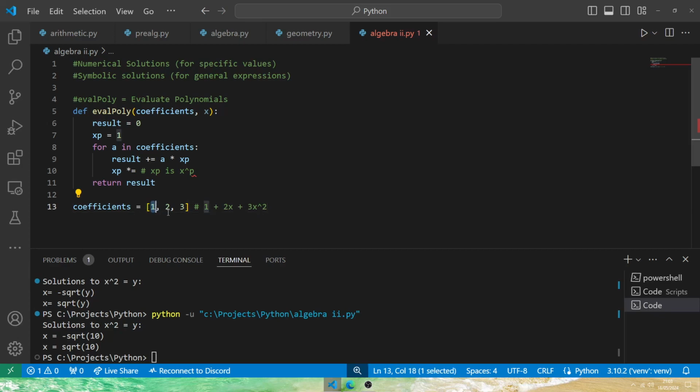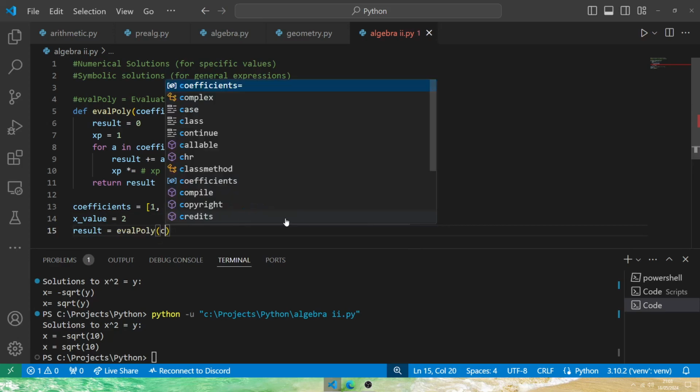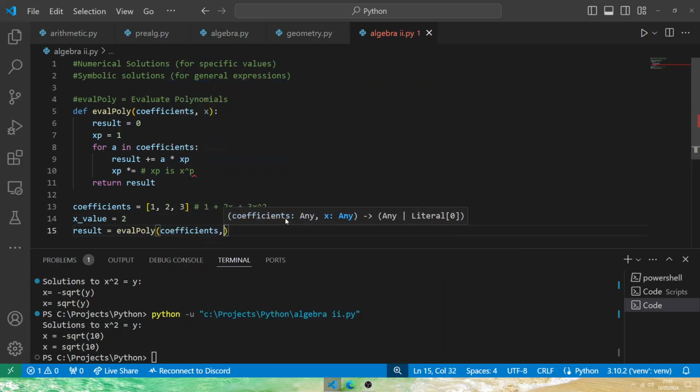And if I were to change this to 5, then this would be 5 as well. So that's kind of how that equation looks on paper. And we have x value equals 2, and the result can be eval_poly to evaluate our polynomial, and we'll pass in our coefficients and our x value.